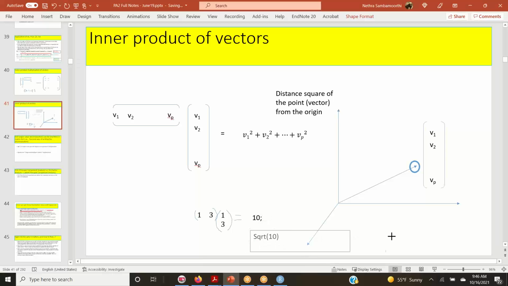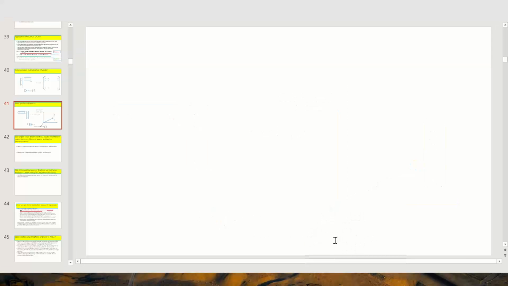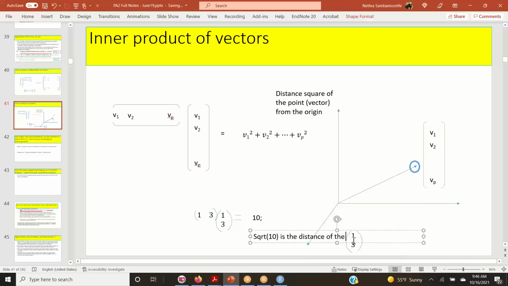Square root of 10 is the distance of this vector from 0, 0.